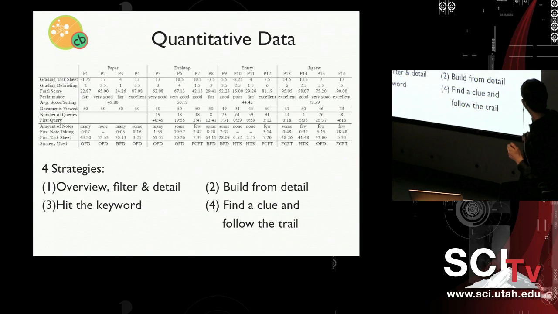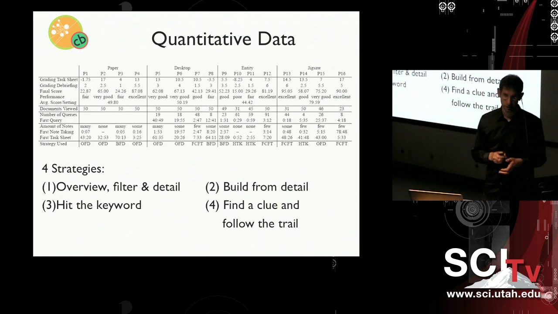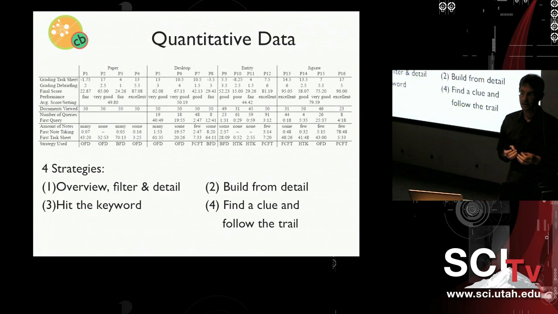And interestingly, we found that in the Jigsaw setting, different types of strategies were used, but all resulted in a good score, indicating that the Jigsaw system is flexible and supports different ways to do this type of analysis.